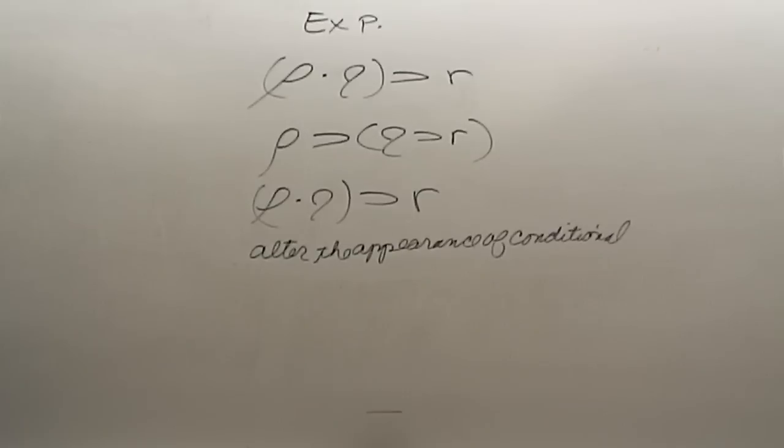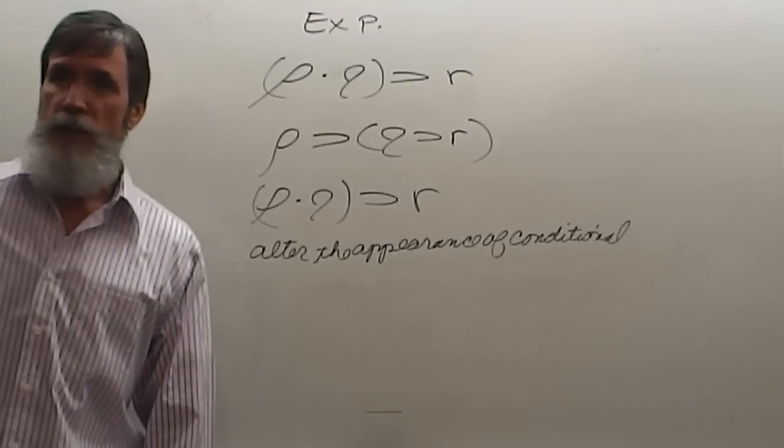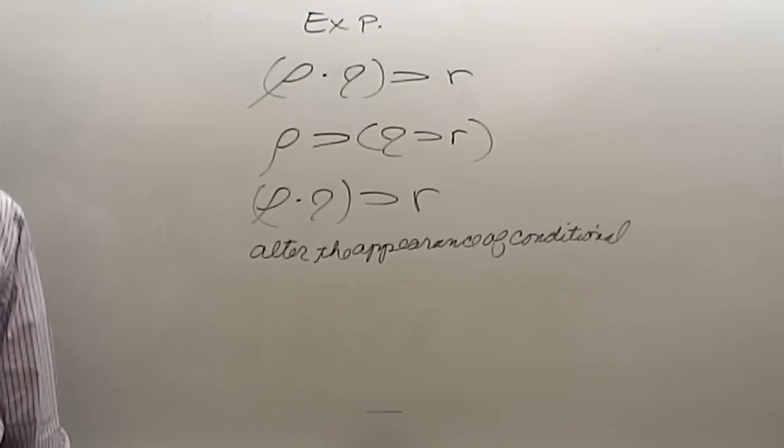Why would we want to do that? Same reason we use transposition: to get the sort of horseshoe we want, typically for modus ponens or modus tollens or hypothetical syllogism. That's not the limits of its use, but that's most common.